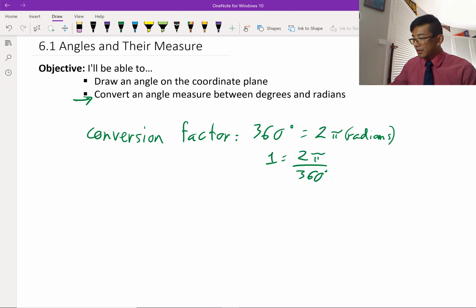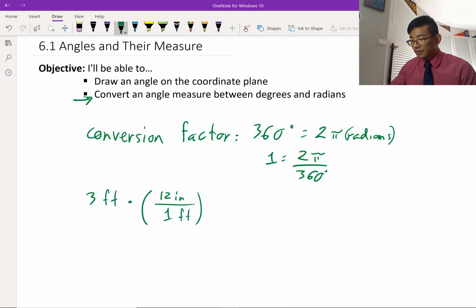For example, if you're converting feet to inches, 3 feet, you want to turn it into inches, you would multiply it by 12 inches for every 1 foot. And again, this is just a giant 1 because 12 inches is 1 foot. And anything divided by itself is 1, except for 0. So this is why you get 36 inches.